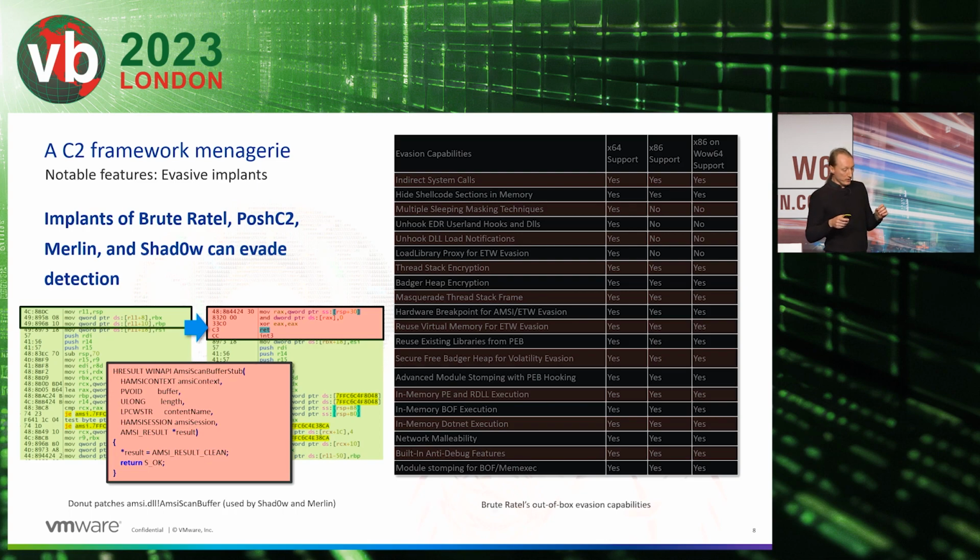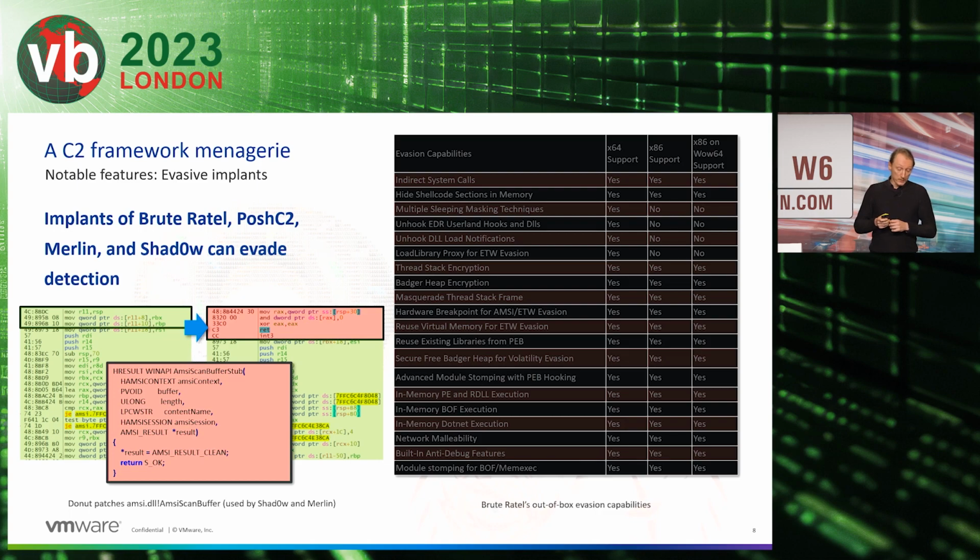The left figure shows us a sample of an AMSI patching done by Donut. So basically, if one of the Shadow and Merlin implants runs on the system, it patches AMSI, which stands for Anti-Malware Scan Interface on Windows.